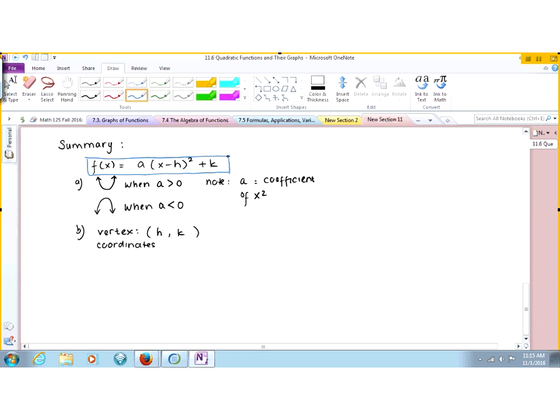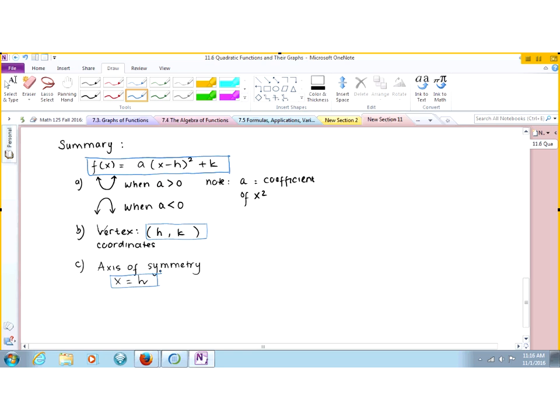So it is h comma k, because of the shift, remember? That's why it's h comma k. And we also have the axis of symmetry. What is the equation of the axis of symmetry? x is equal to h, right? Because it passes through the vertex.